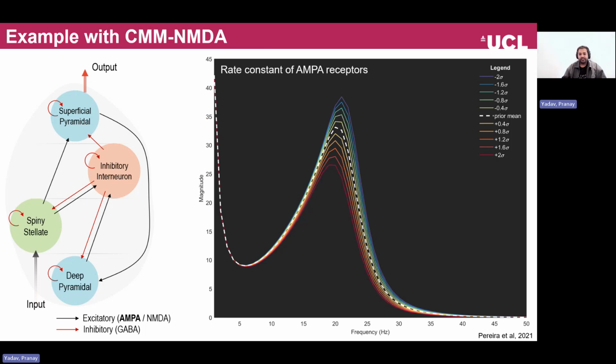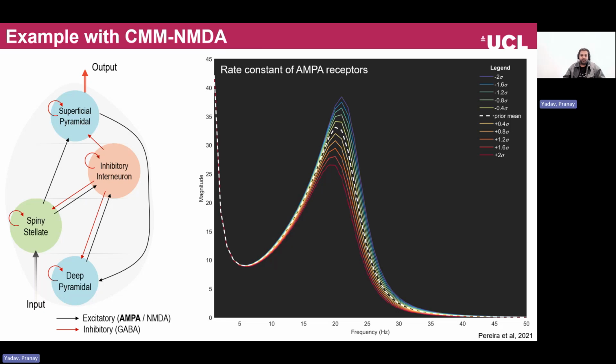So for instance, this is the power spectrum generated by the system. And there's one parameter that's being varied. This is a simulation, it's a forward model. And the parameter that's being varied is the rate constant of AMPA receptors. This rate constant controls how quickly or slowly the conductance will rise and fall in response to an input, right?